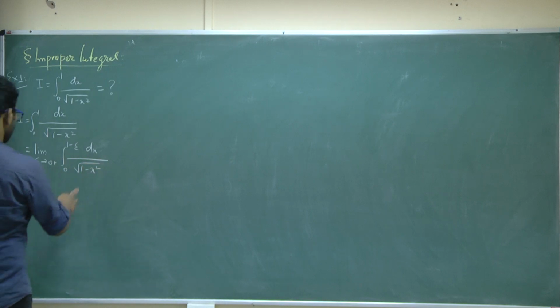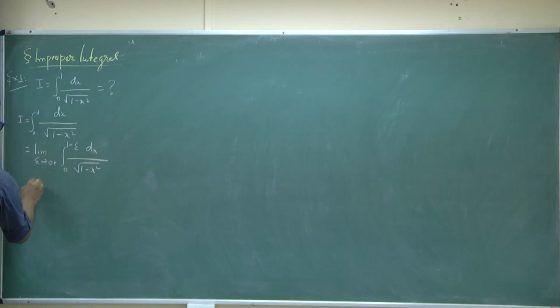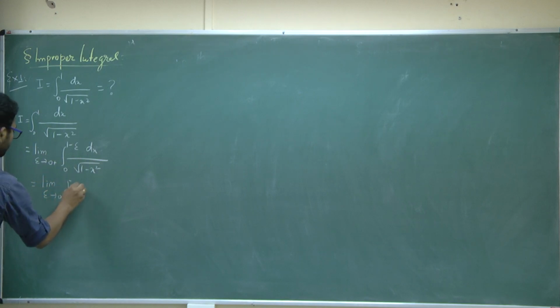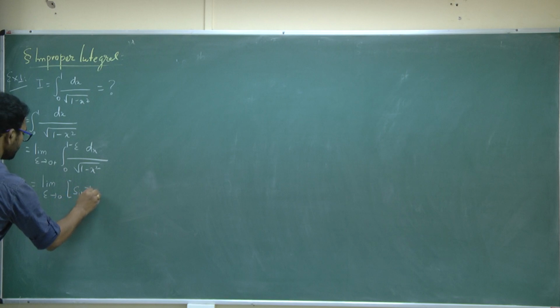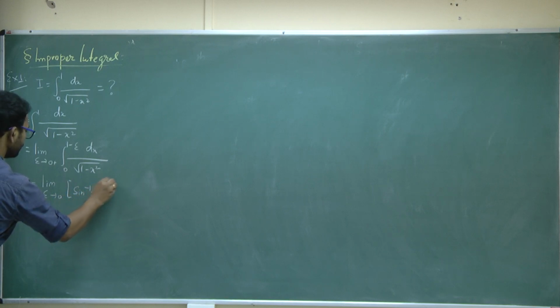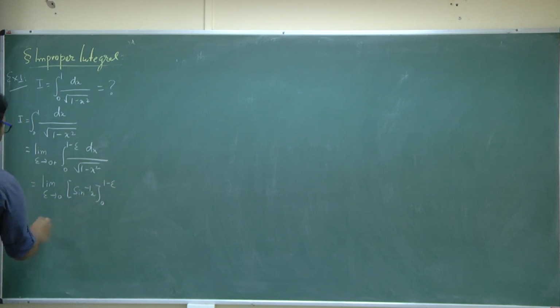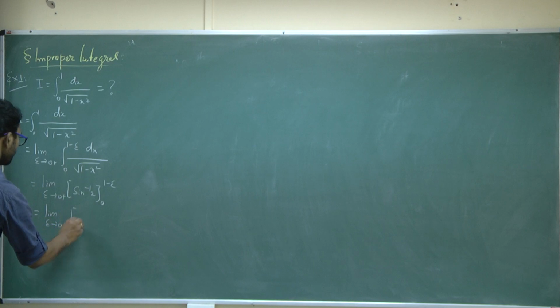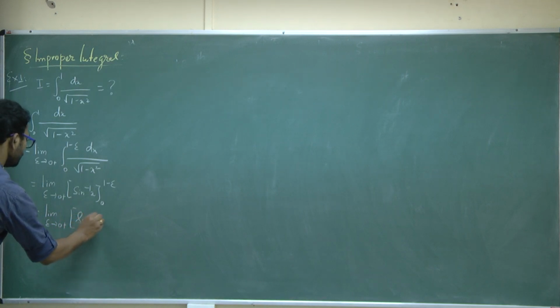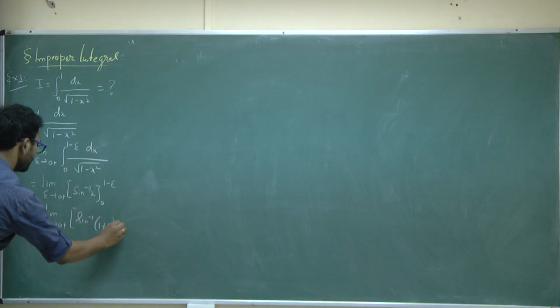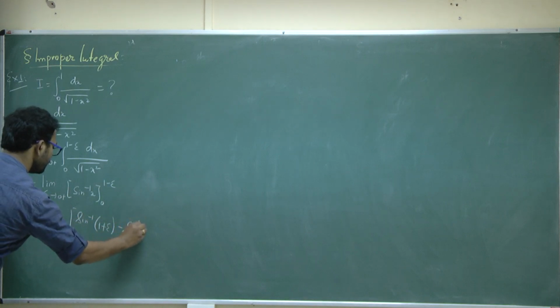All right, and the integral of 1 by square root of 1 minus x square, we know, is sine inverse x. So we can write sine inverse x from 0 to 1 minus epsilon. Now we evaluate. So this will be limit epsilon going to 0 positive, sine inverse of 1 minus epsilon minus sine inverse 0.